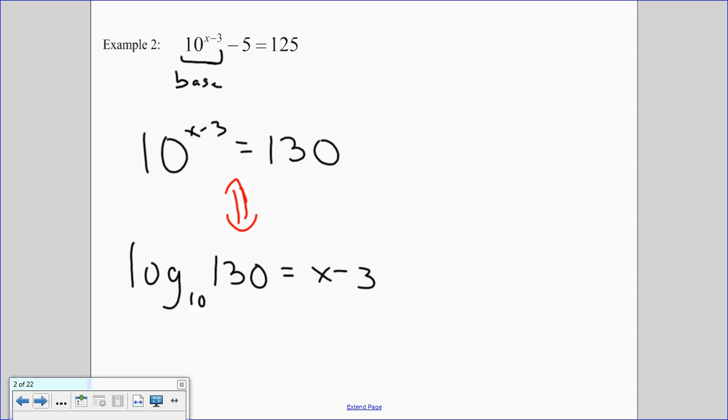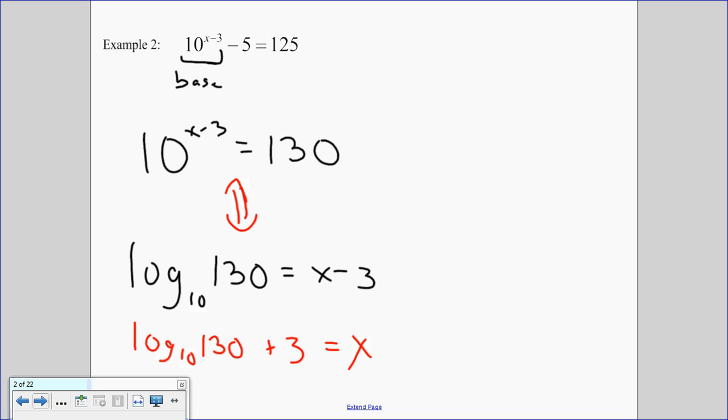Is that okay? And if you have trouble converting an exponent to a logarithm, it's going to be tough. We have to add 3 to both sides, so we just do log base 10 of 130 plus 3 equals x. So that's it.